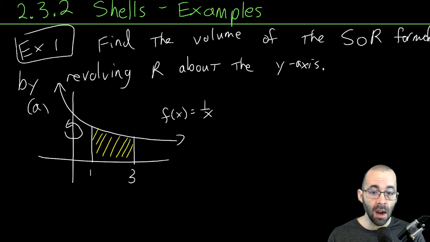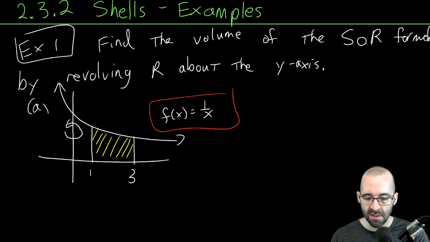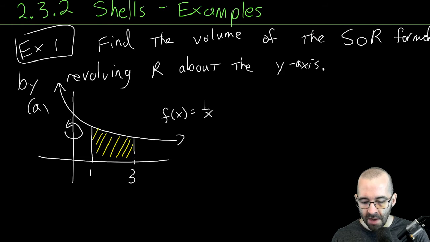And I want to compare. Before we even use the shell method, what's this going to look like if we have the disk method? Well, if we have the disk method, first off, we have to get this in terms of y. That's not hard. And then it's going to be setting it up like this, right minus left.